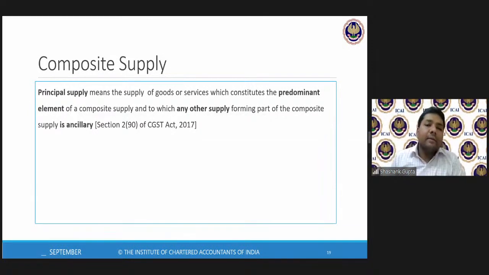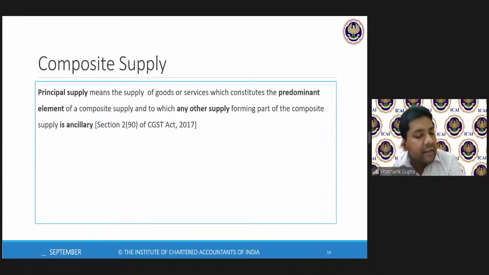Principal supply means the supply of goods or services which constitutes the predominant element of a composite supply and to which any other supply forming part of the composite supply is ancillary.